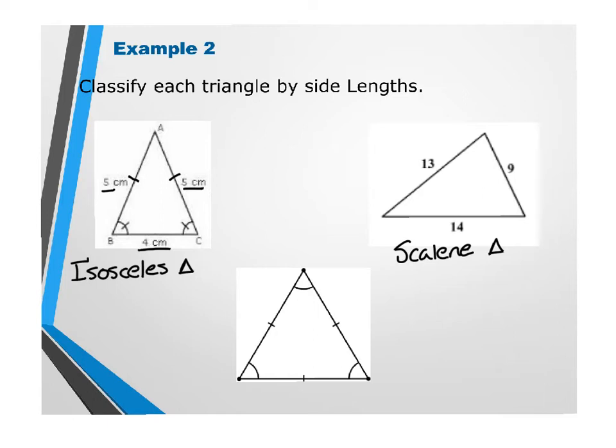Now this last one, you see that they have angle markings in it, but you also see that they have markings of sides saying that these are congruent. Well, whenever you have an equilateral triangle, you have an equiangular triangle, and vice versa. And this is only true with triangles.